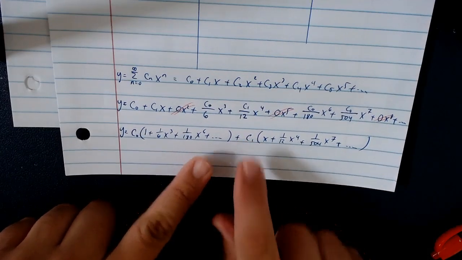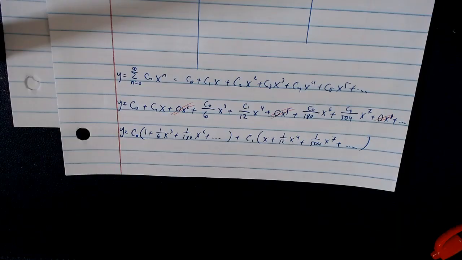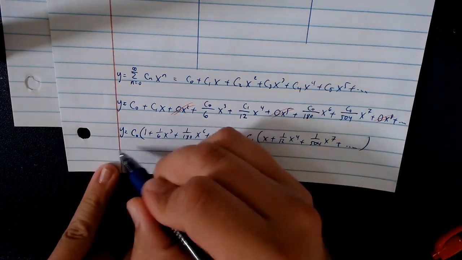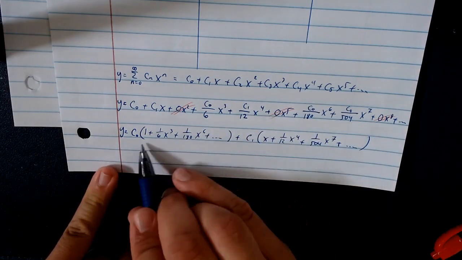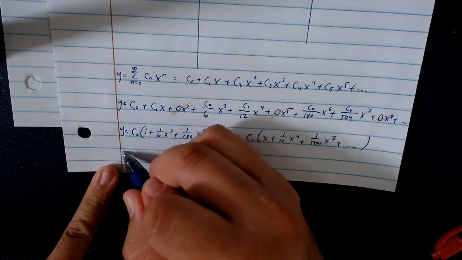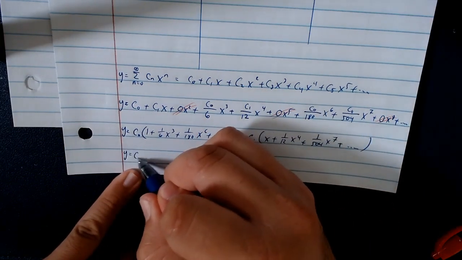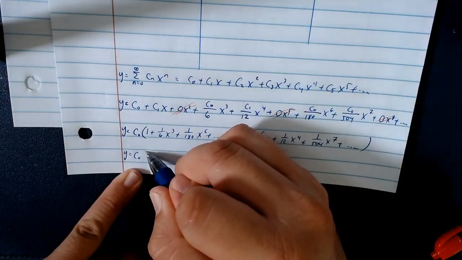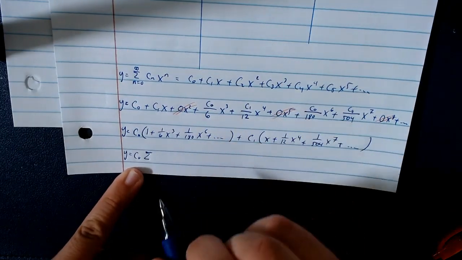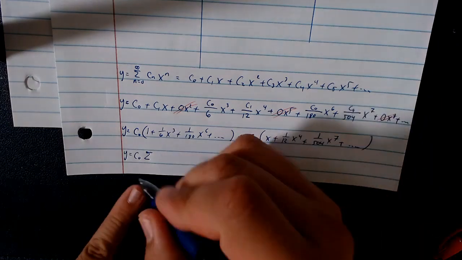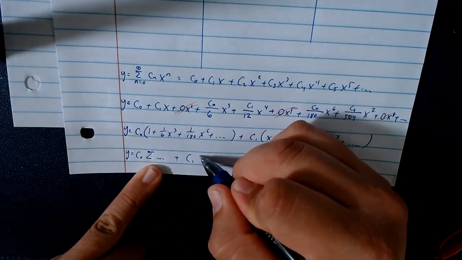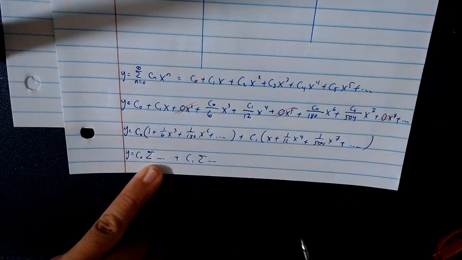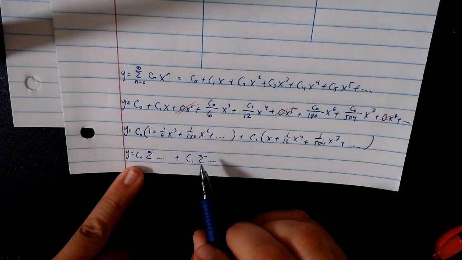That's the way a solution to any differential equation has looked for us since chapter 2, since very early on in the course. So right here, although I'm not going to require this to be written in a series notation as a sum, basically, y is equal to C0 times the sum of something plus C1 times the sum of something, like this. But that's what solutions always look like.